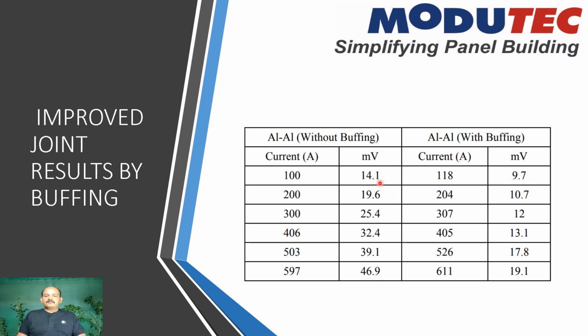So see, 14.1 to 9.7, the millivolt drop is reducing, and the carrying current is also increasing by 18 amps. So this is the without buffing result, and after buffing, this is the result. It purely indicates that the surface should be neat and clean, and the surface should be level, so that the current carrying will also increase.